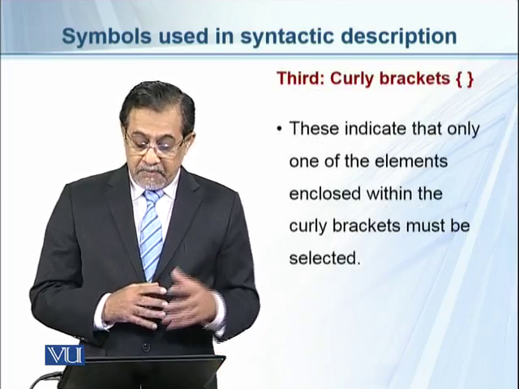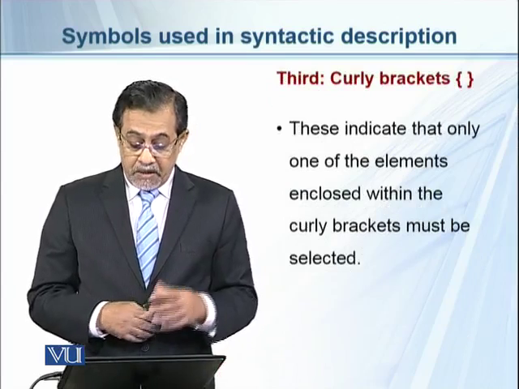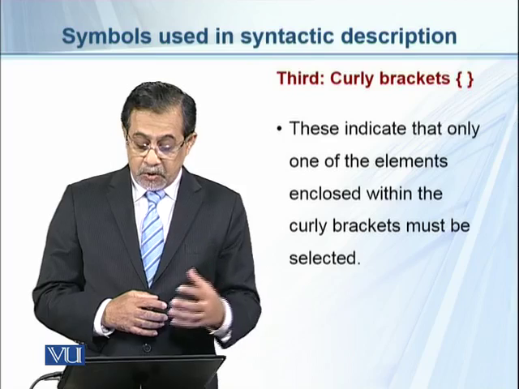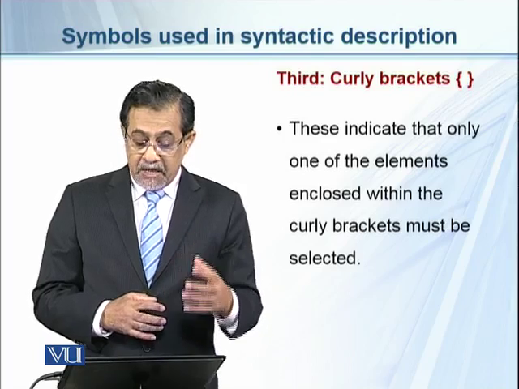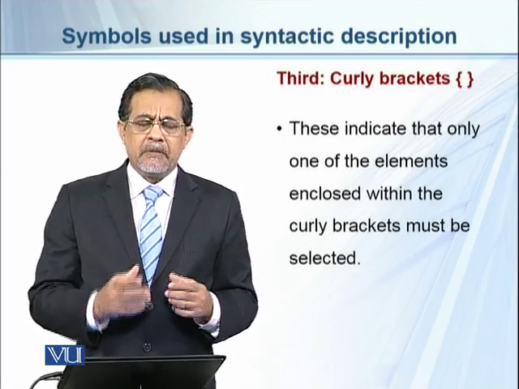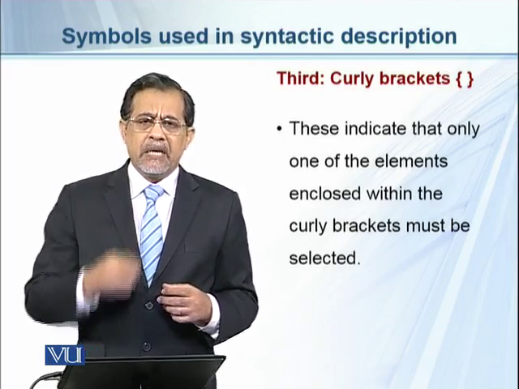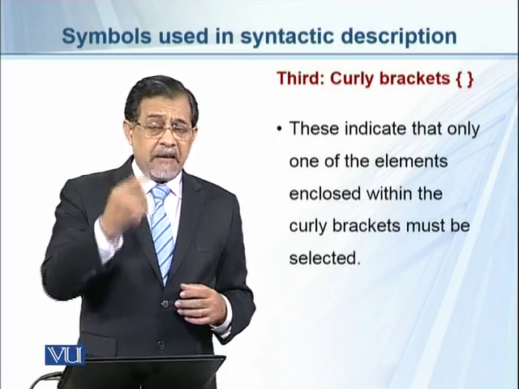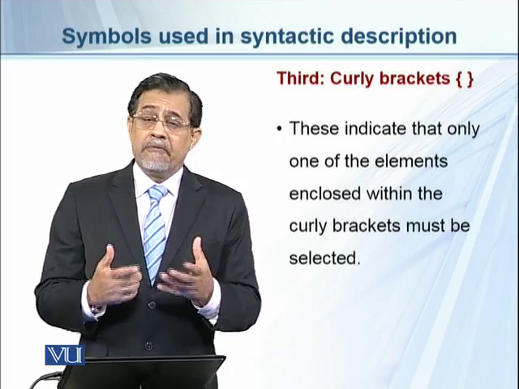Third, curly brackets. These indicate that only one of the elements enclosed within the curly brackets must be selected. For example, let's think of a noun phrase. We can have a proper noun, we can have a pronoun, we can have a single noun as a noun phrase.